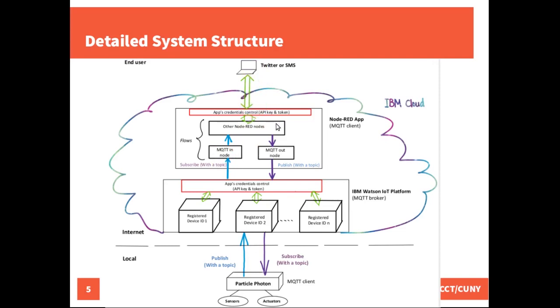In addition, the Node-RED app will automatically generate a control command and publish back to Photon through the MQTT broker. The Particle Photon subscribes and receives the control command and takes certain actions according to the received commands.